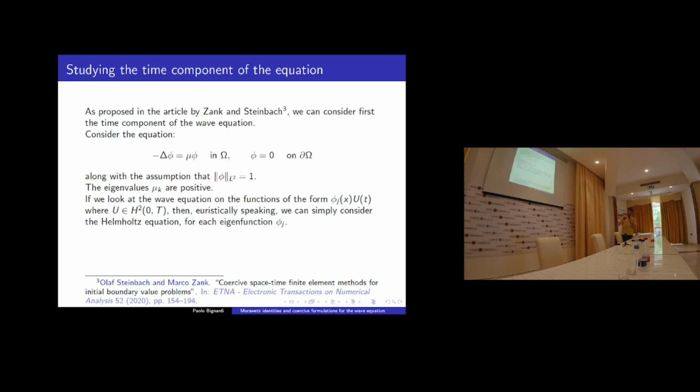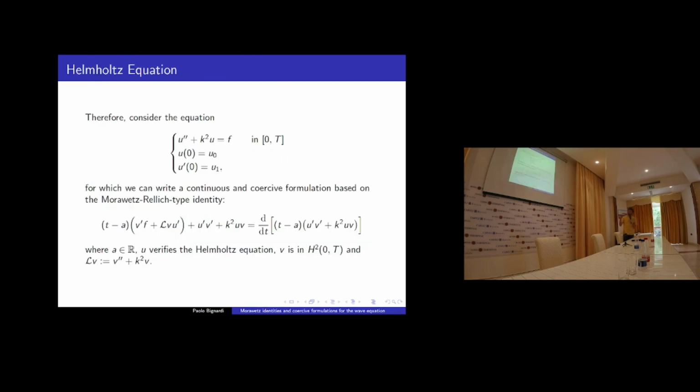If we take this approximation, put it into the wave equation, and drop the eigenfunctions, the space component, one gets the one-dimensional Helmholtz equation. It's a heuristic argument, not very formal, just to give us some ideas on how the time component of the Morawetz identity might look. So let's just consider the one-dimensional Helmholtz equation.